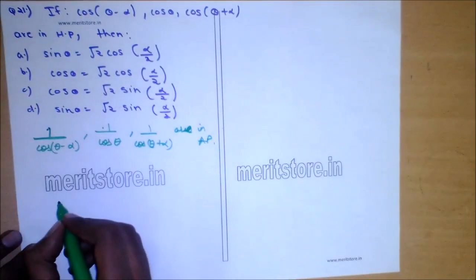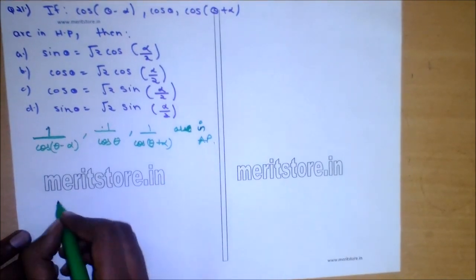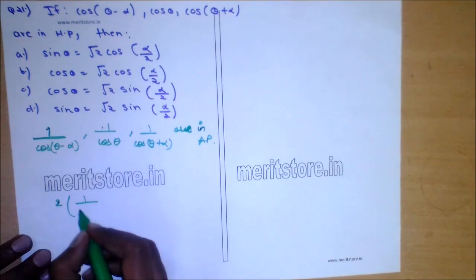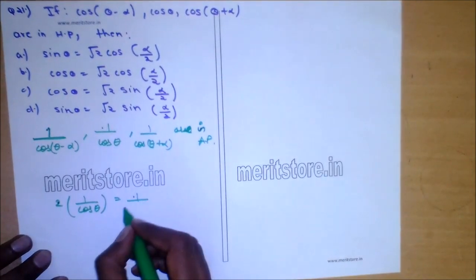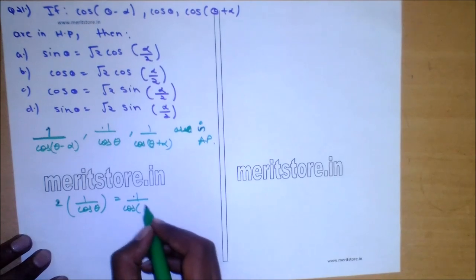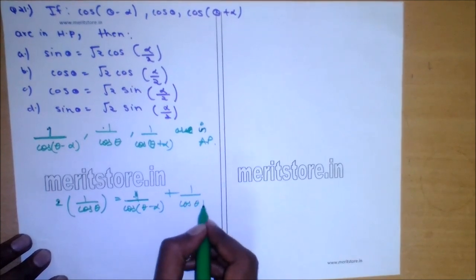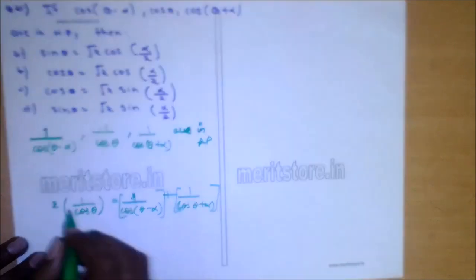So now by the property of AP, 2 times the middle term, that is 1 upon cos theta, is the sum of 1 upon cos of theta minus alpha plus 1 upon cos of theta plus alpha, that is the sum of extreme terms.